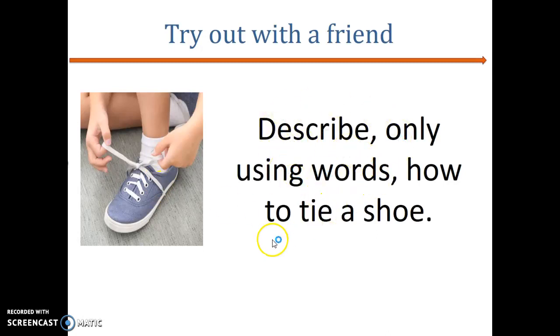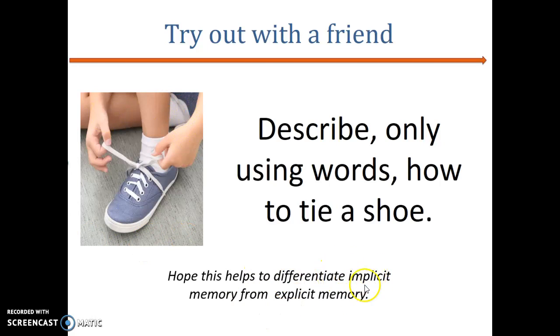How can someone describe tying a shoe? See if that is possible. That is how our brain processes something as simple as this. We don't really think about it, we just do it. So that explains the difference between implicit and explicit.